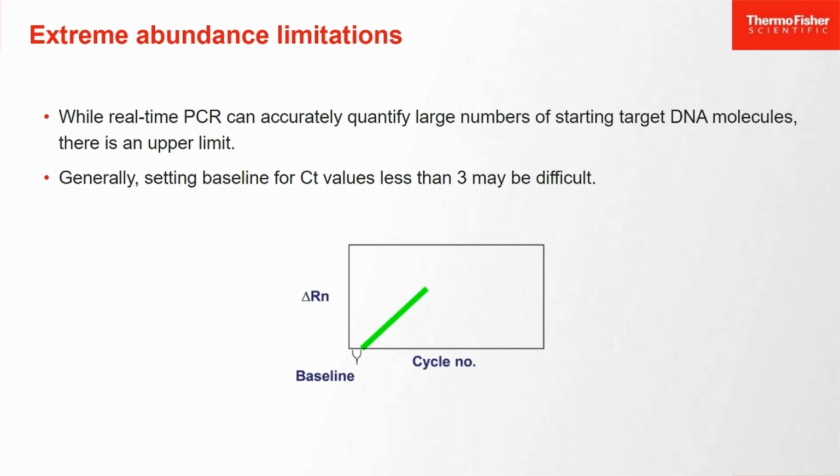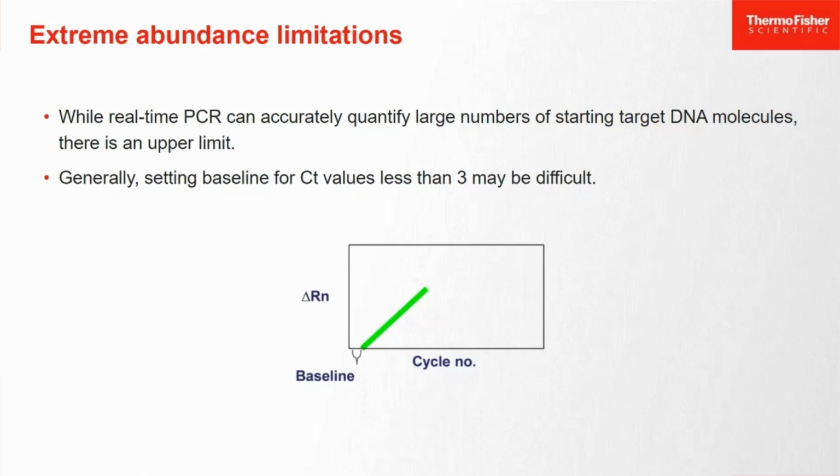Our concern, which is pretty rare, but it's something to be aware of, is extreme abundance limitations. Real-time PCR has an amazing dynamic range potential. We can literally have billions of starting DNA copies of the target, and the exponential phase remains consistent. But the dynamic range is not infinite.